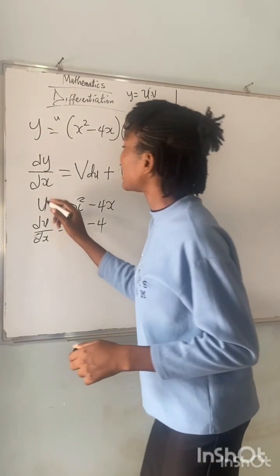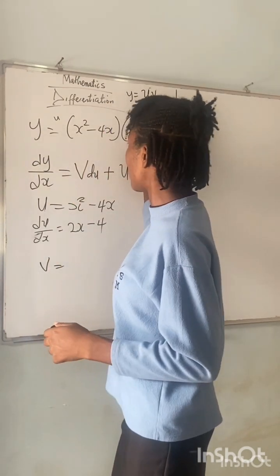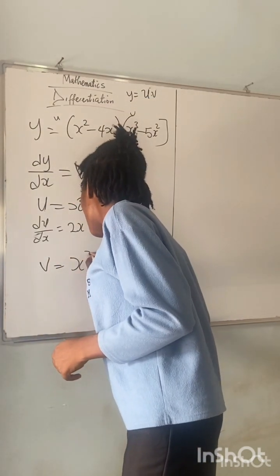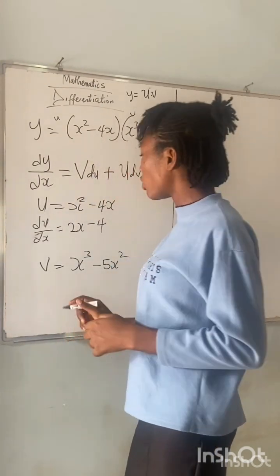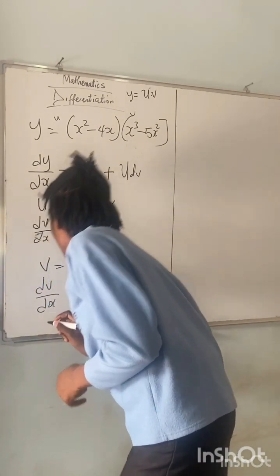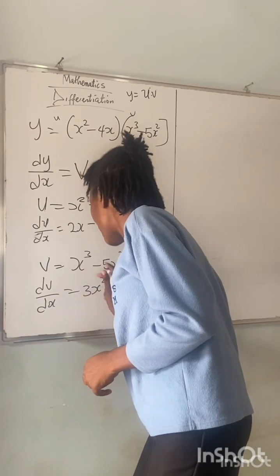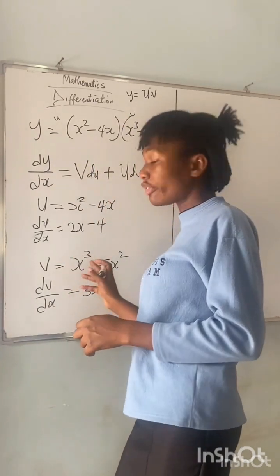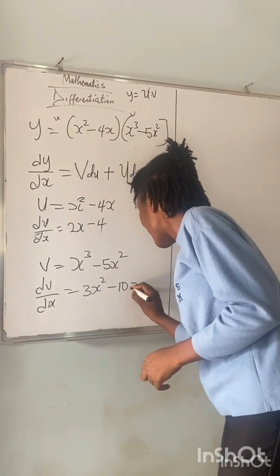Now the next one we'll be looking at is our v. Our v is the next expression here: x cubed minus 5x squared. How do we differentiate our v with respect to x? We'll be having 3x squared, when we multiply and reduce 1 from the power, and then minus 10x.